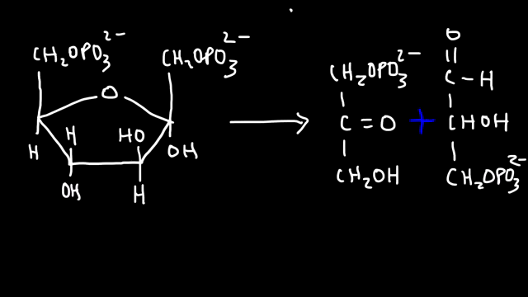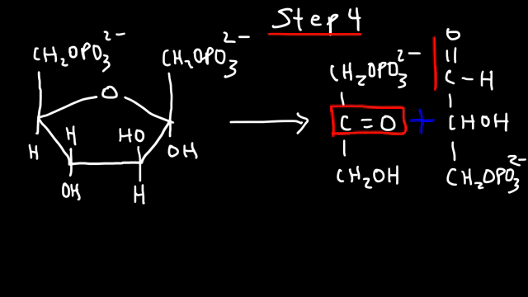Now let's move on to step 4 of glycolysis, the cleavage of fructose 1,6-biphosphate. Notice that we get 2 molecules, a ketone and an aldehyde. So what do you think are the names for these molecules? A 3-carbon aldehyde with hydroxyl groups is known as glyceraldehyde.